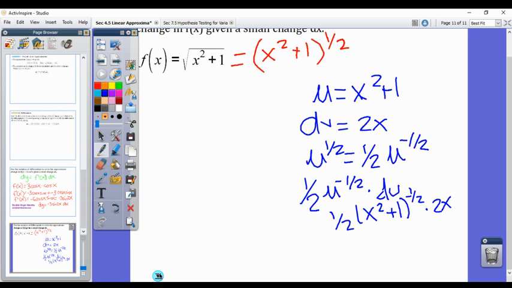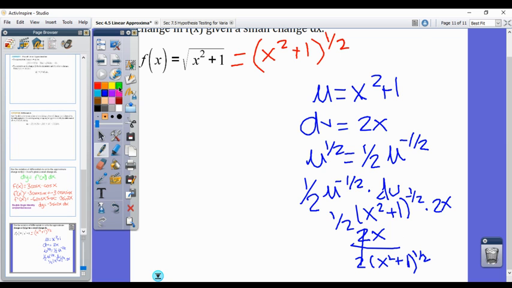We would end up with 2x in the numerator over 2 times x squared plus 1 to the 1/2 in the denominator. And the 2's would essentially cancel out in the front there. You could also write this as the square root in the denominator as well. And that's what I'm actually going to do when I substitute it in.